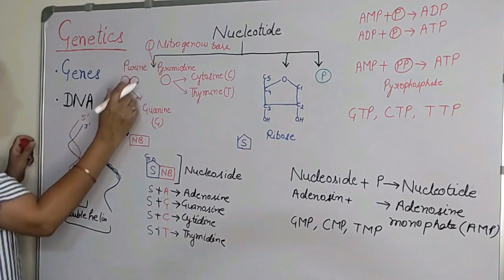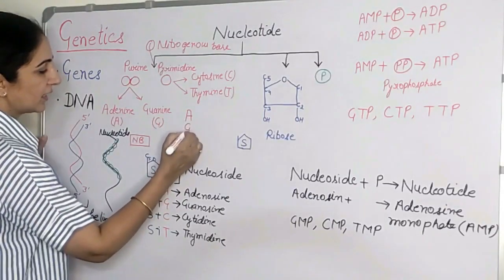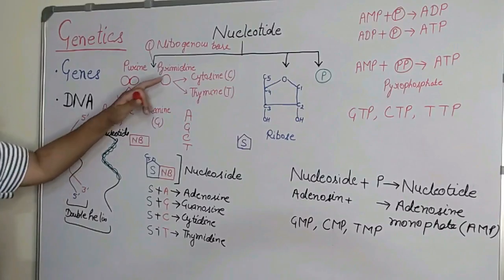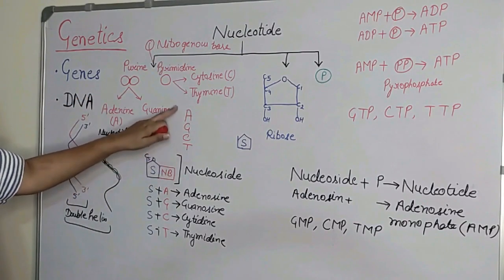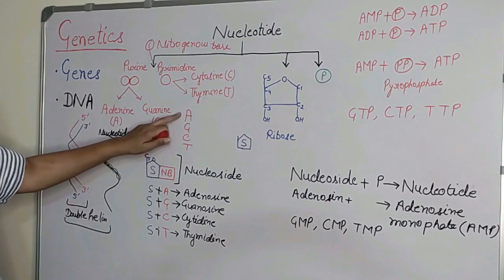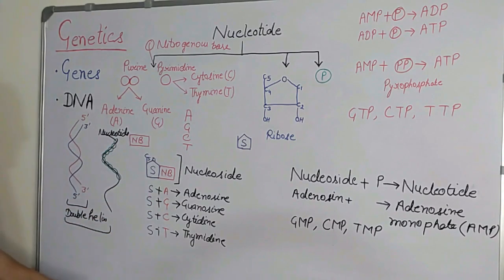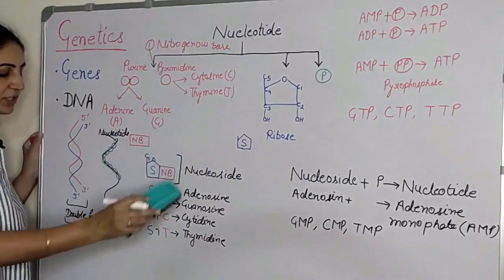So one nucleotide will have only one type of nitrogenous base, which can be either of the four: adenine, guanine, cytosine or thymine. So this is the one subunit, the nitrogenous base.